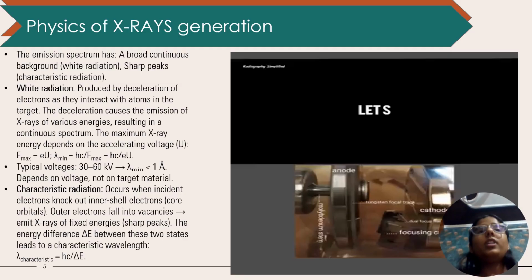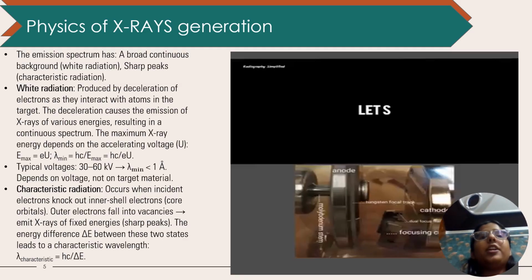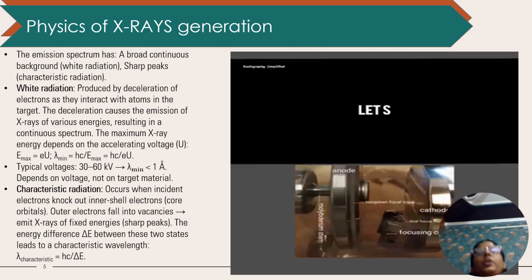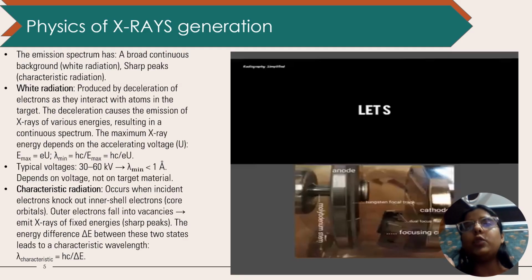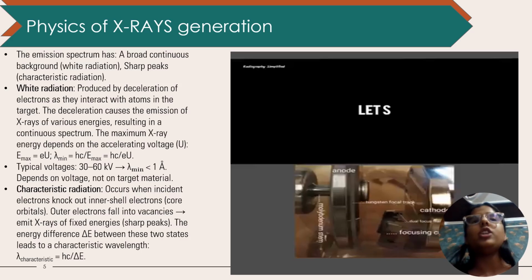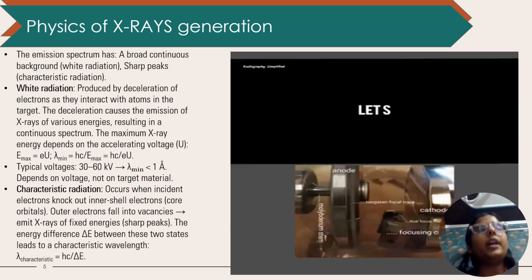Because of this, a continuous spectrum is obtained, and the maximum photon energy corresponds to an electron losing all its kinetic energy in one collision, because the more energy it loses, the higher the intensity of X-ray generated. Typical voltages are 30 to 60 kilovolts, giving a minimum wavelength of 1 angstrom or less.